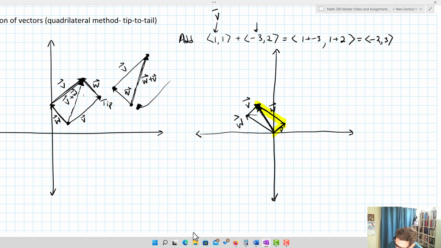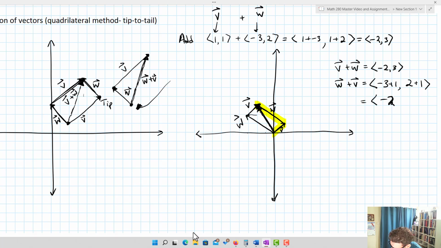So v plus w we saw was equal to (-2, 3), and it makes sense that w plus v is going to equal -3 plus 1 and 2 plus 1, and since addition is commutative, that's going to be (-2, 3) as well.